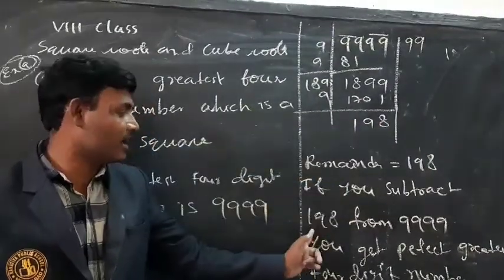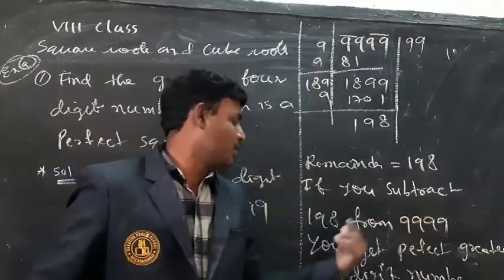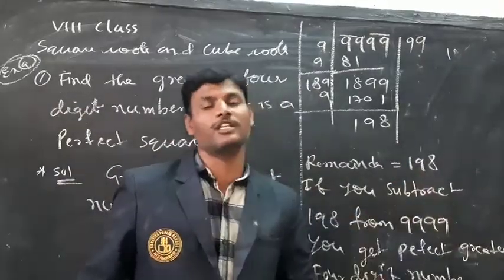If you subtract 198 from 9999, you get the perfect greatest 4-digit number.